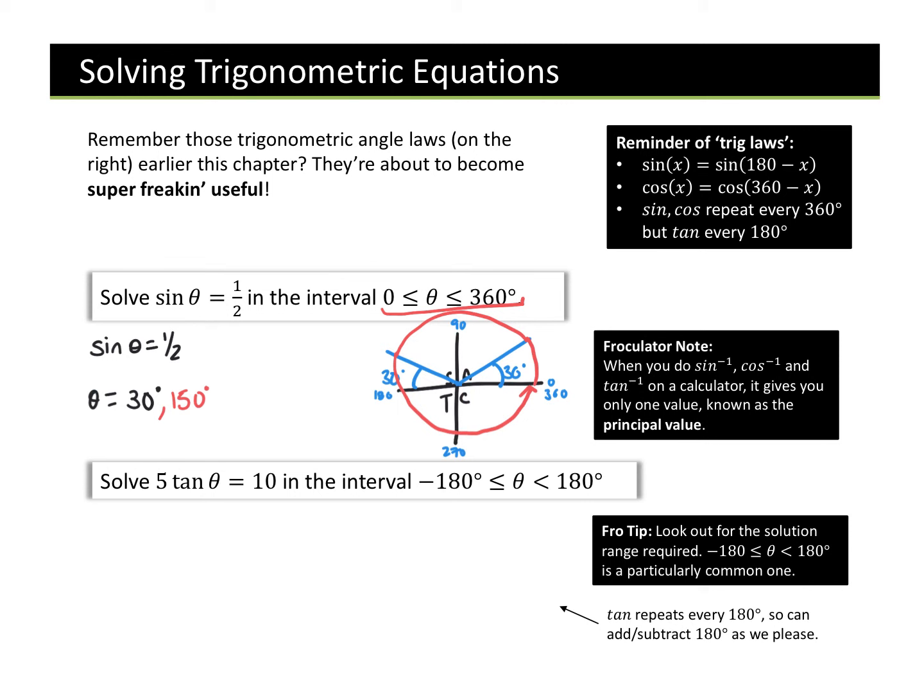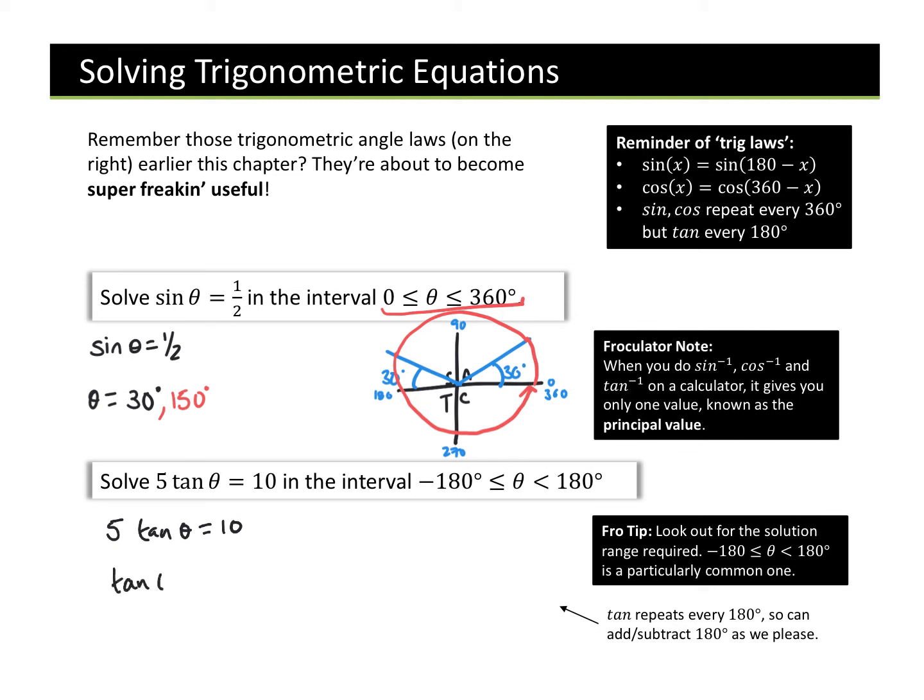The second one says solve 5 tan theta equals 10 between this interval of minus 180 less than theta less than 180. First of all, to solve anything, I want tan theta equals. So what am I going to do? Divide both sides by 5. It's really simple.